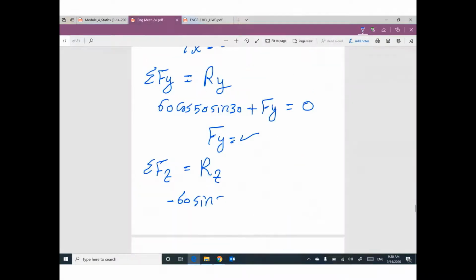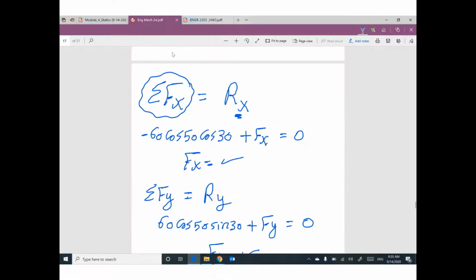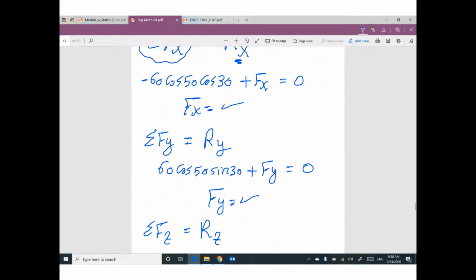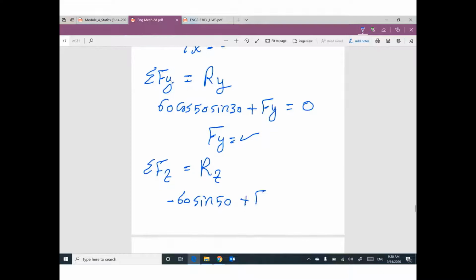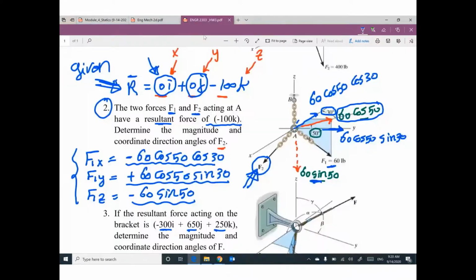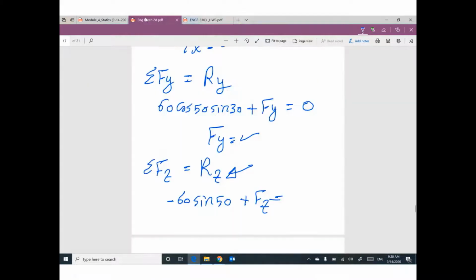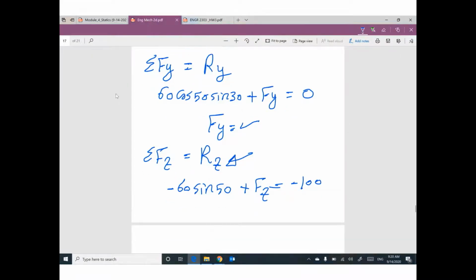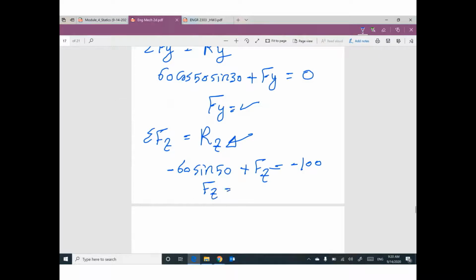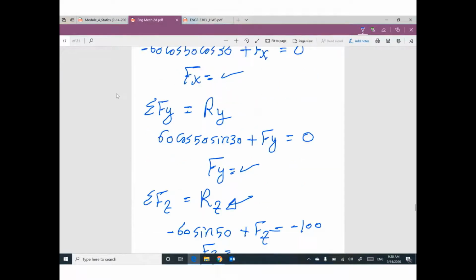We have from F2, Fz. What is the z component of the resultant? It's given. How much? Negative 100. Please don't forget negative. Negative 100. The only unknown in this equation is Fz. So I can figure out this value. Okay, go ahead to find this value.